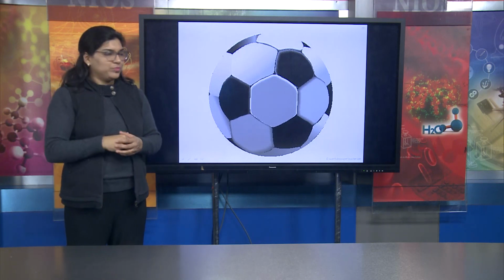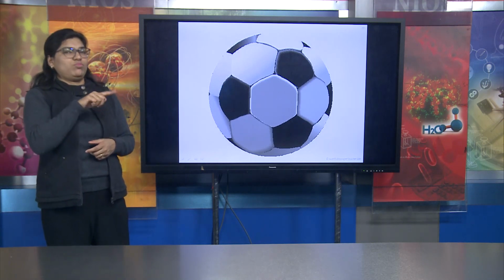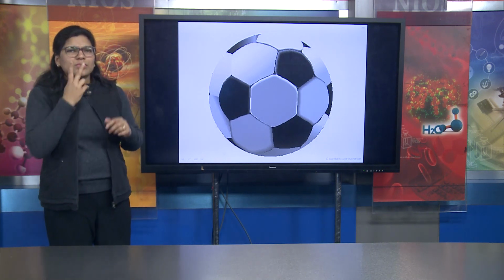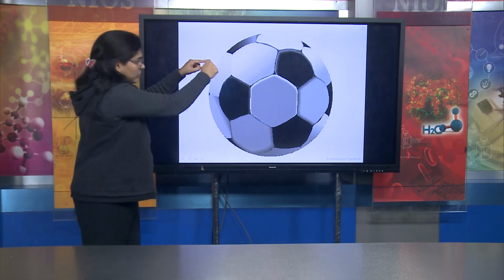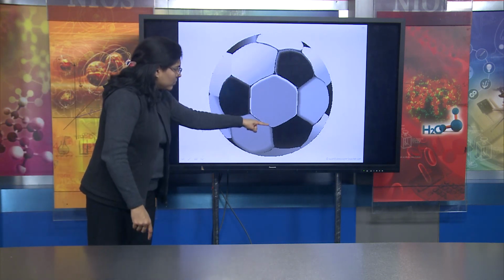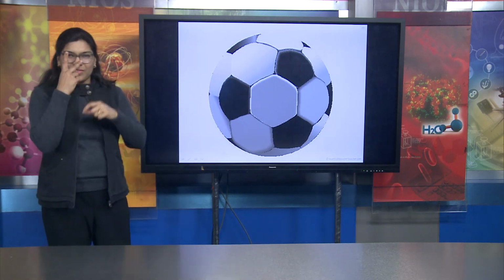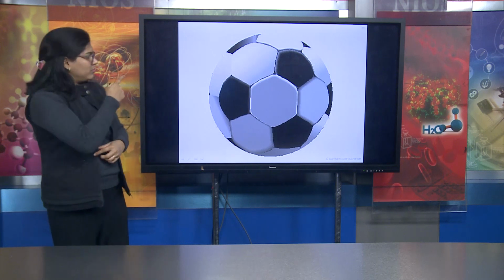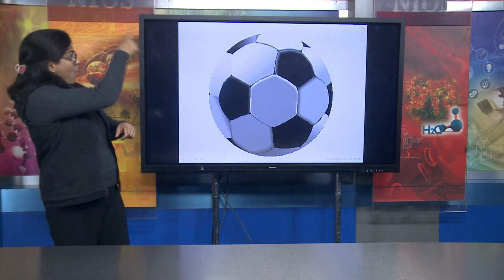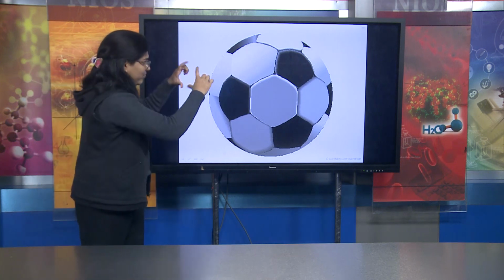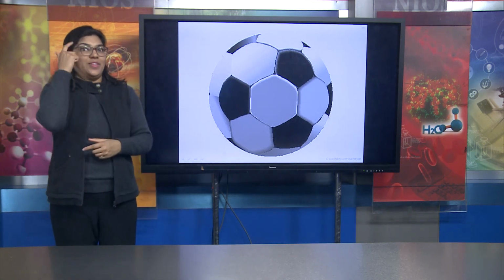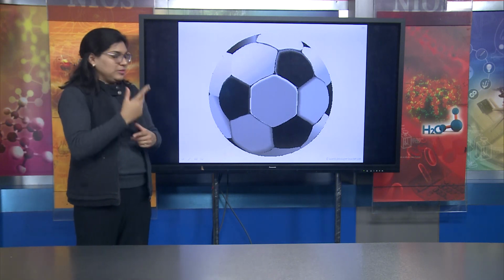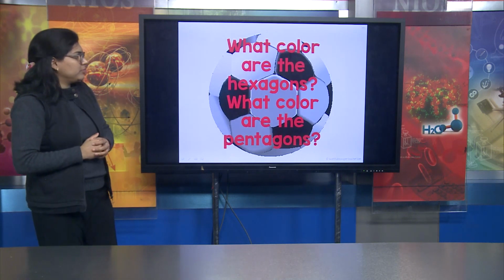Now you all can see this is the image of a football. What do you think? Does it have any polygon image? Yes, you can see white and black color. See the shape of this white image. How many sides does it have? See, the black color image also has some sides. Don't see the full image. You look inside this. What are the number of lines and what is the image? Let us see.